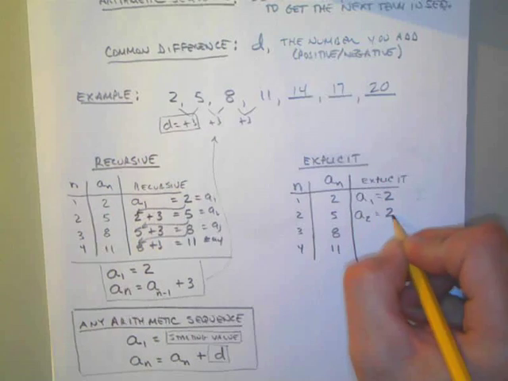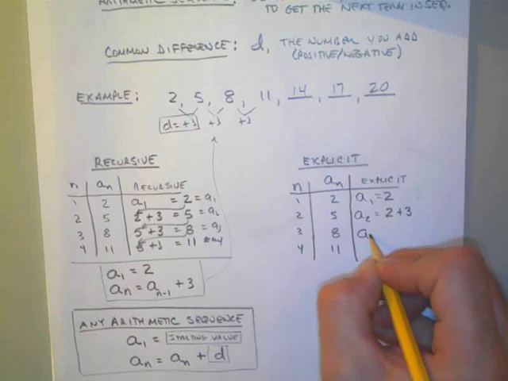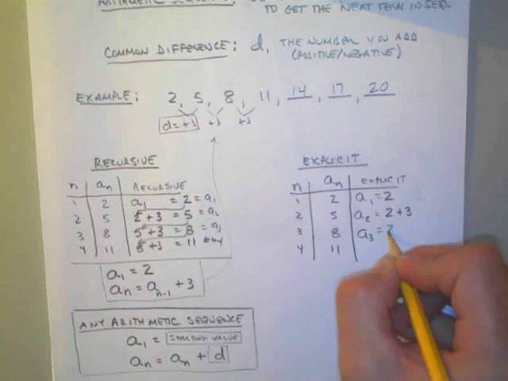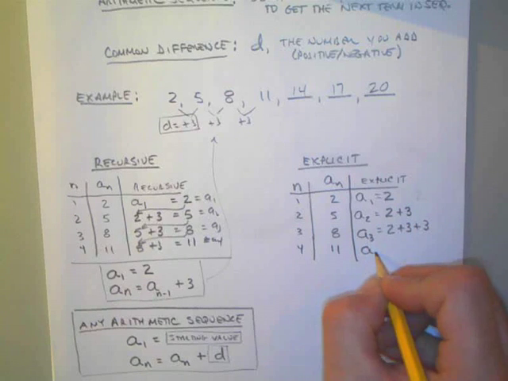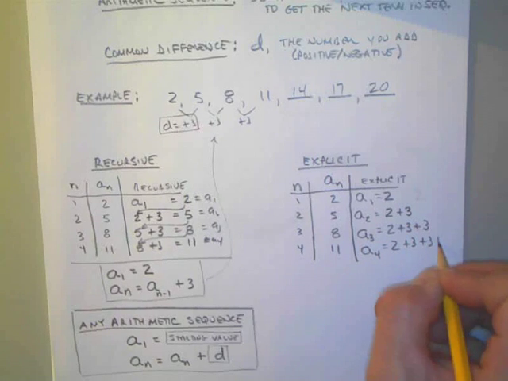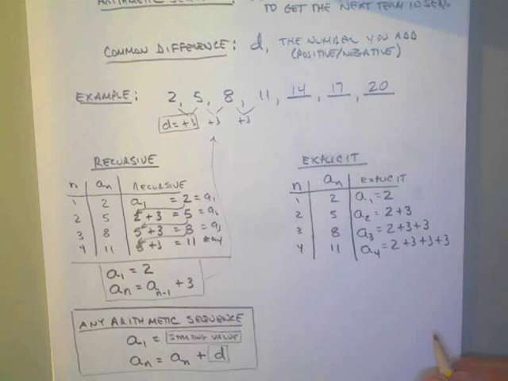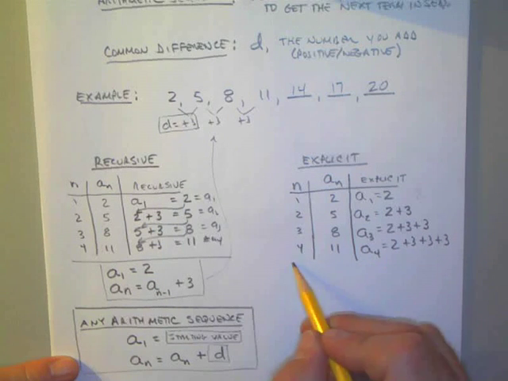The next term is going to equal 2 plus 3. And then the next term is going to equal the starting value plus 3 plus 3. And the fourth term will be the starting value plus 3 plus 3 plus 3. And I think that's enough information for us to derive the explicit formula.